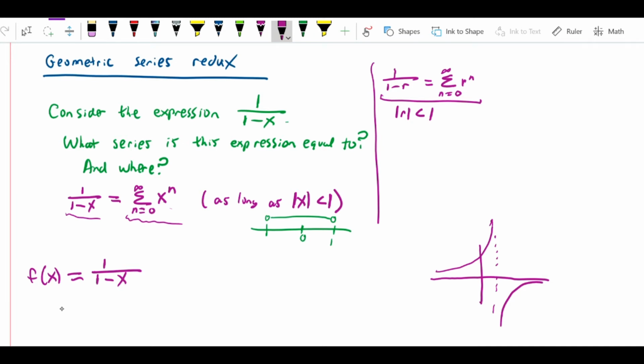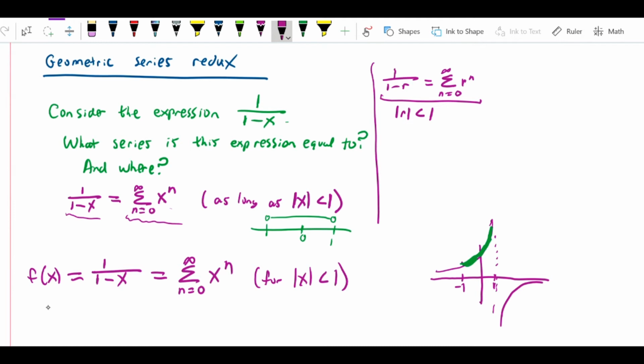It would be completely reasonable to say that, at least within the interval -1 to +1, that function is equal to the sum from n equals 0 to infinity of x to the n for values of x whose absolute value is less than 1.